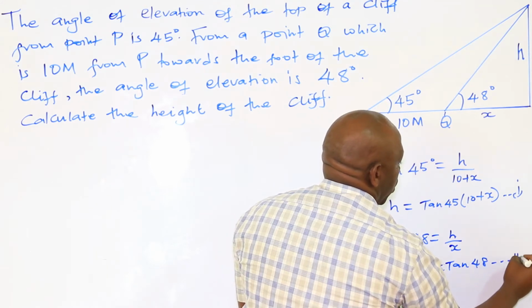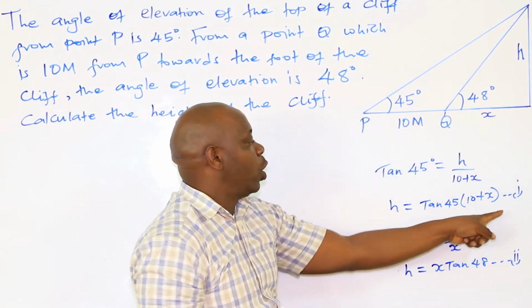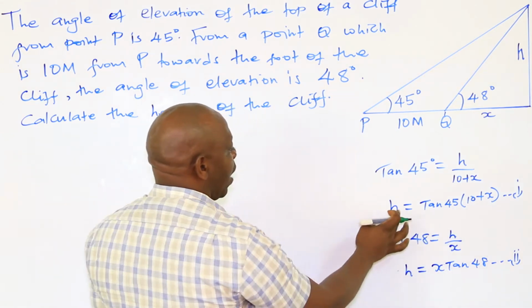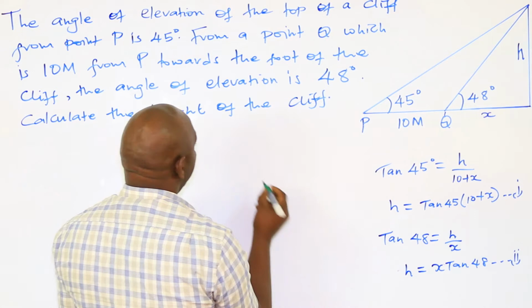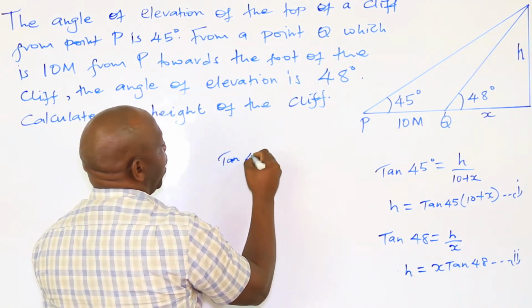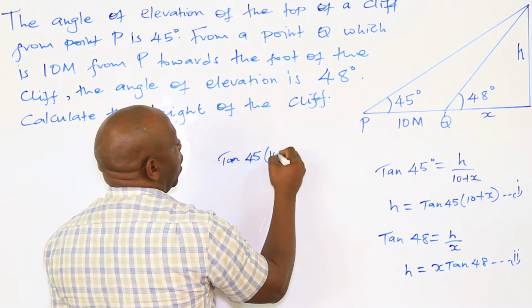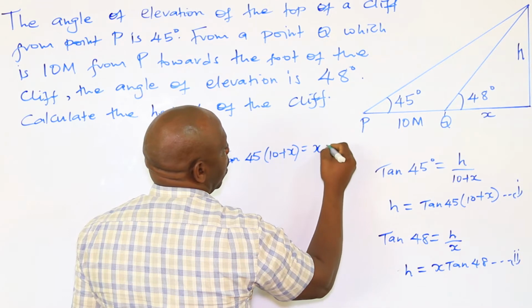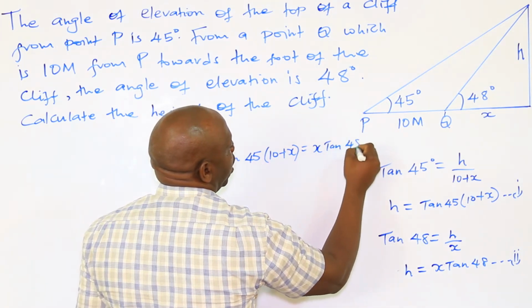You call that equation 2. With equation 1 and equation 2, solve the two simultaneously. This is height, so you can equate the two and say tan of 45 times (10 plus x) is the same as x tan of 48.